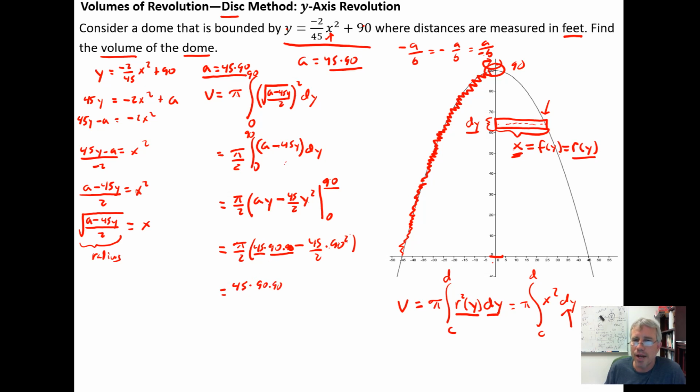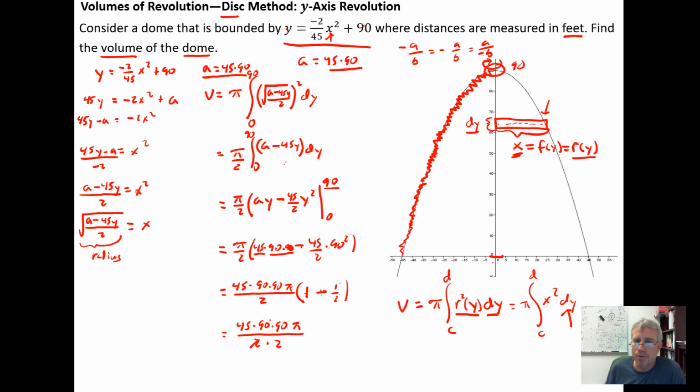There's the 90 squared, factoring it out to the pi, and it's all over the 2 times, I factored out 45 times 90, which leaves behind 1, minus, I factored out 45 times 90 squared, which is going to leave behind the 1/2. So 1 minus 1/2 is really a half. So I wind up with 45 times 90 pi right here, all over 2 times 1 minus a half is a half, so I get another 2.